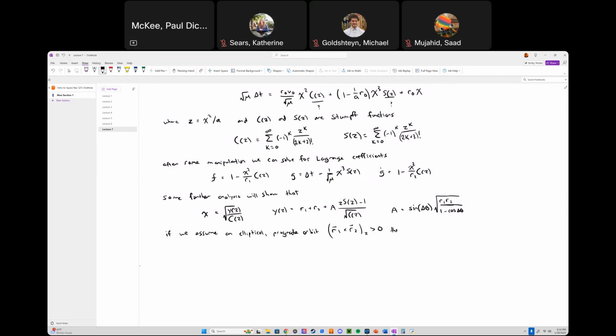Then we can say that delta theta is the inverse cosine of R1 dotted with R2 divided by scalar R1, scalar R2. So you can compute delta theta as just the angle between the two position vectors, where those two position vectors are scaled. Okay, great. All right.